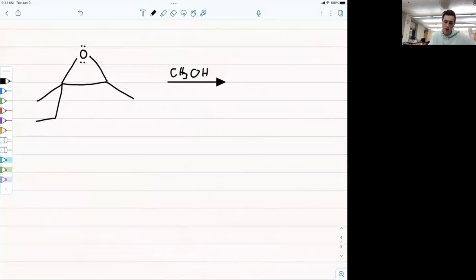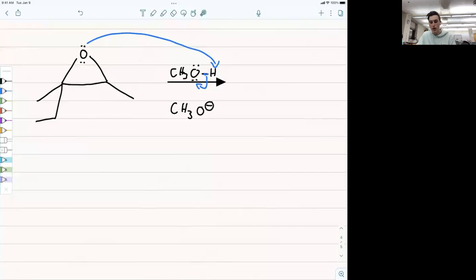So I'm going to start this, but what will happen is we know that our oxygen here has its lone pairs, so it's going to come. It's a pretty good nucleophile. I mean, it's going to come and take our hydrogen over here, and the electrons in this are going to break off and make our conjugate base of that. That's CH3O minus. So we did two things here.